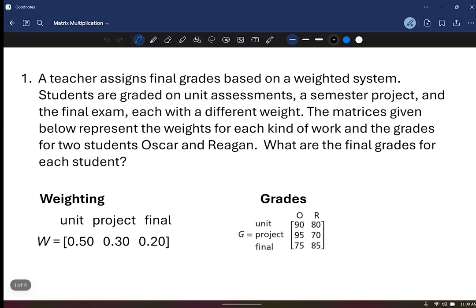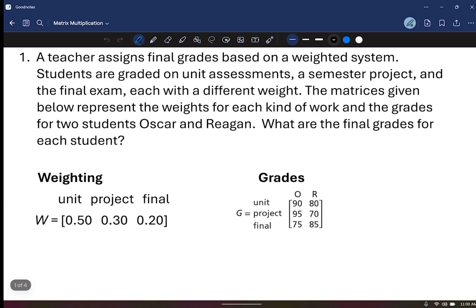So we can see for the weighting, we have a unit weight of 0.5, a project weight of 0.3, and a final weight of 0.2, meaning your final exam. All right, and then we have 2 columns under grades, one for Oscar and one for Reagan.